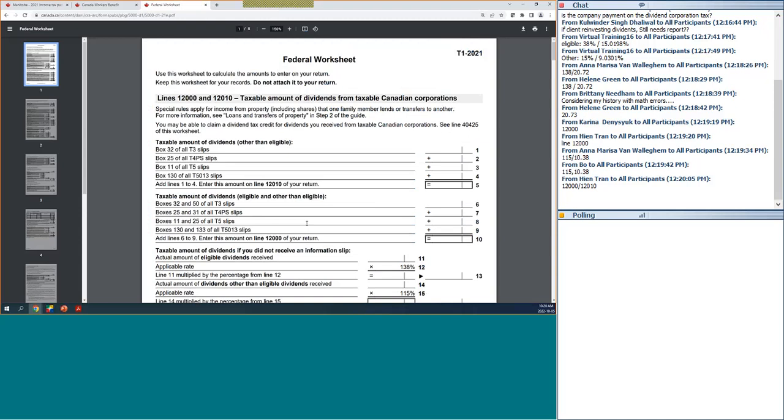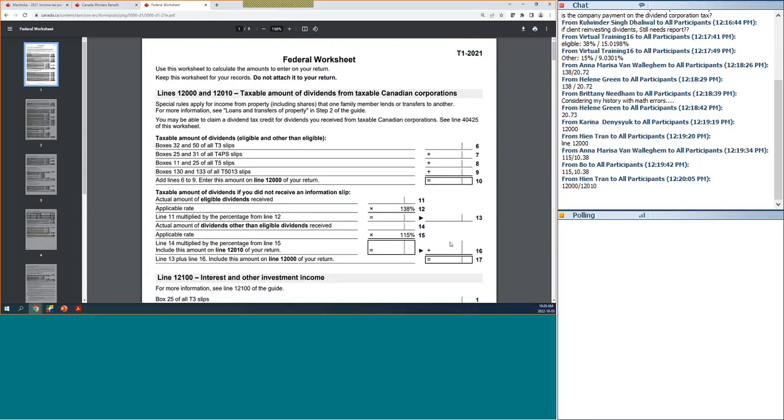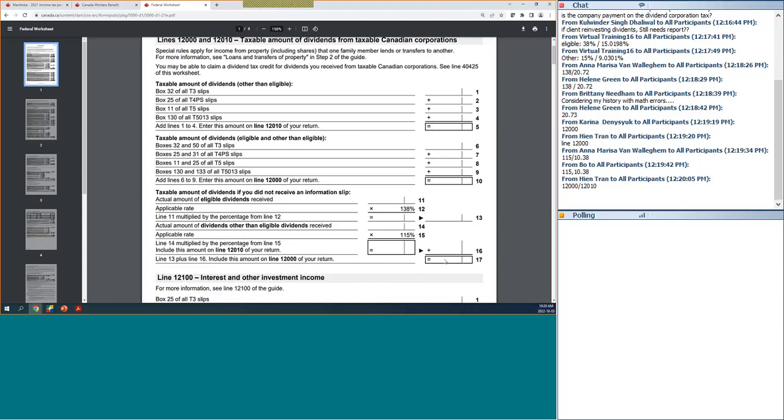That's important because of what happens when people do this form, and I don't know why this happens except for the way that it's formatted. If you have other than eligible dividends, you put it on line 5, and then you enter it on line 12010. What everybody forgets to do when they get to the bottom and see what goes on the return is add all the boxes together.